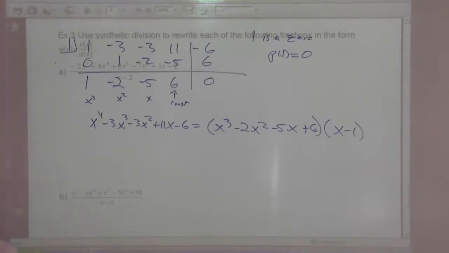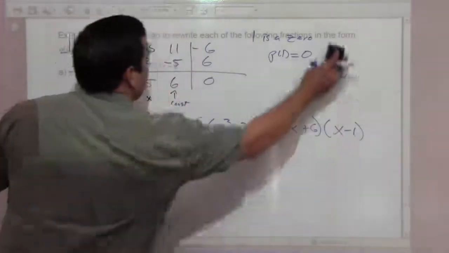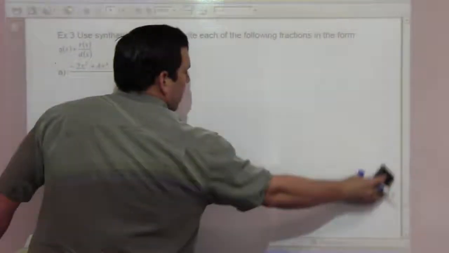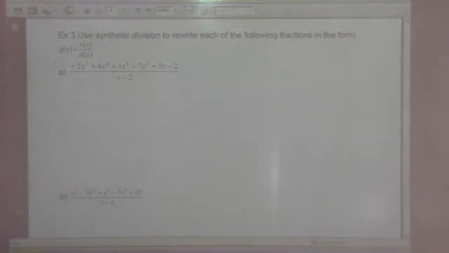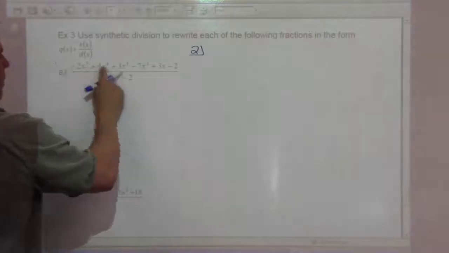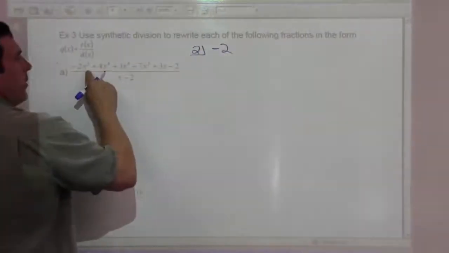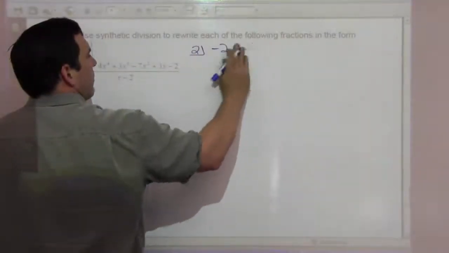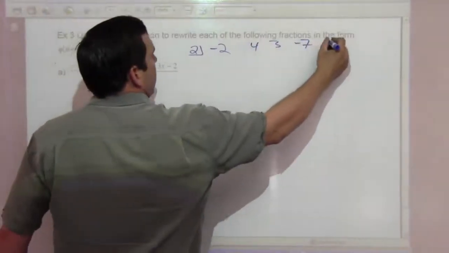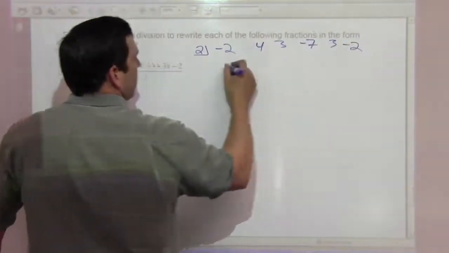It says, use synthetic division to rewrite each of the following fractions in the form q of x plus r of x over d of x. Okay, so I'm going to put 2 in the box. What do we have here? Negative 2 is the leading coefficient, plus just a 4, then a 3, then a negative 7, then a 3, and then a negative 2.